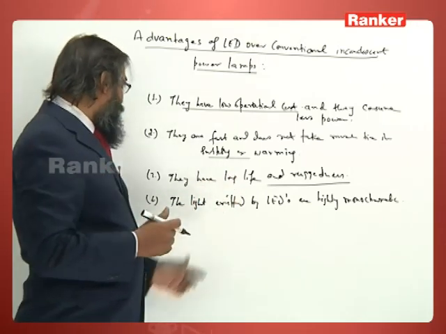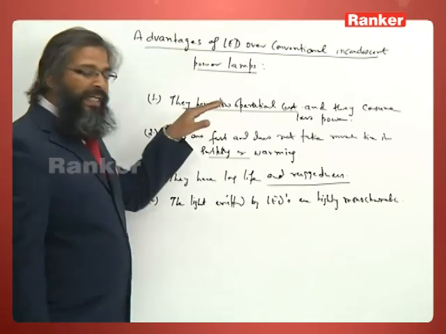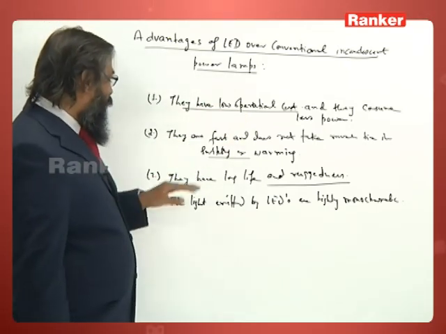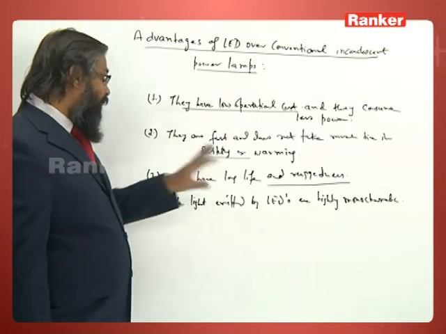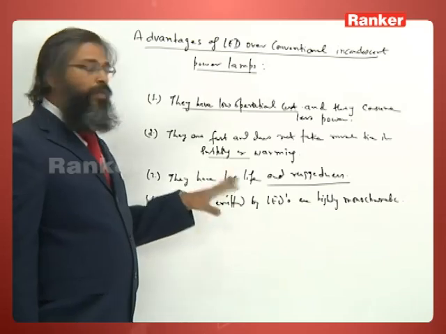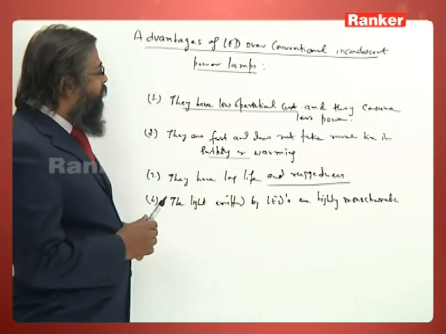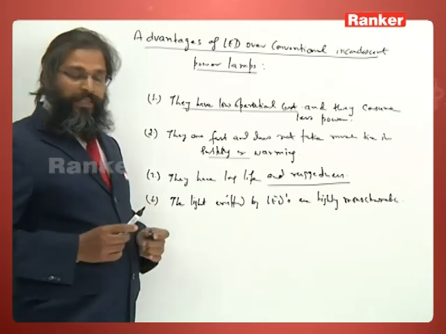That means it is highly monochromatic. So, they have less operational cost, they are very fast, they have very long life, and the energy is highly monochromatic. So, these are the advantages of LED over the conventional power lamps.